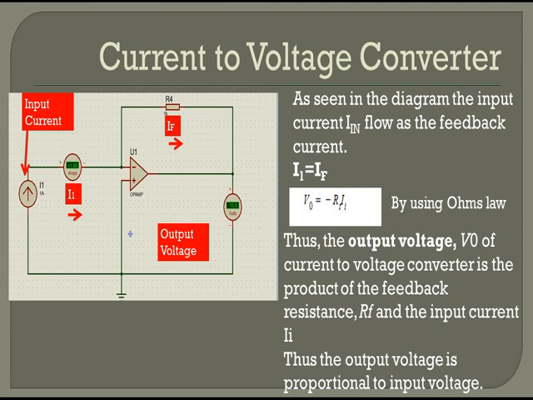So output voltage is the product of feedback resistance and input current, and the output voltage is proportional to the input current. So this circuit accepts the input current and converts it into output voltage. So op-amp can be used for current to voltage conversion.